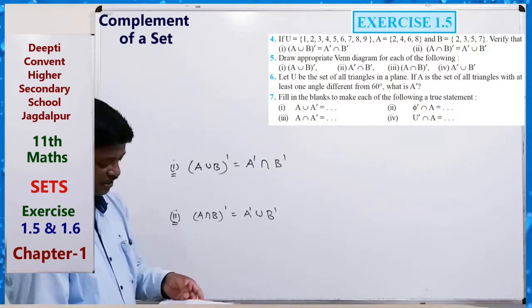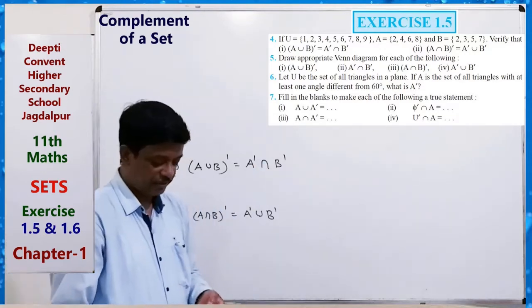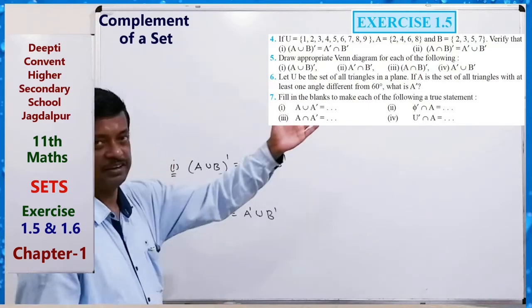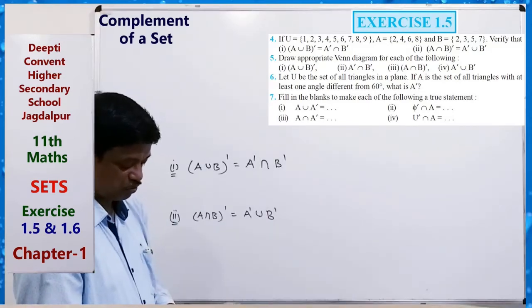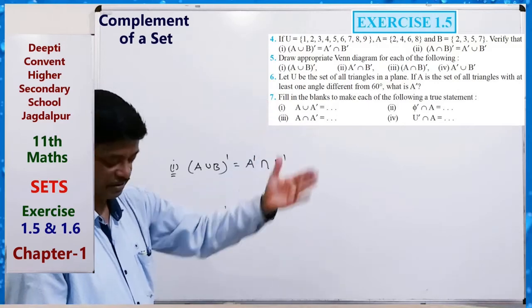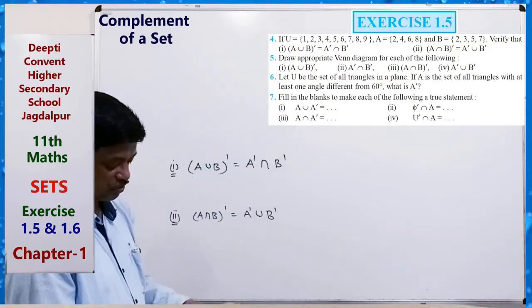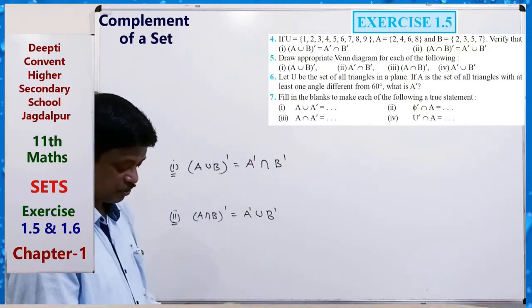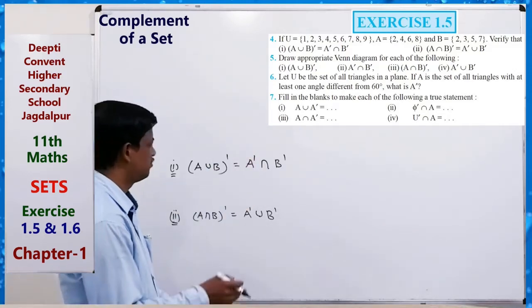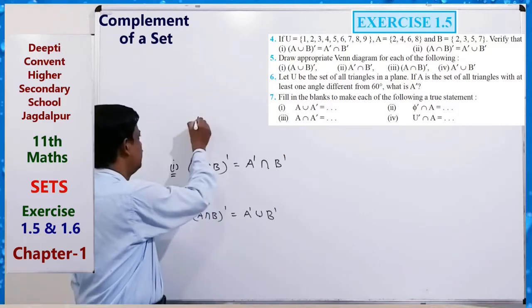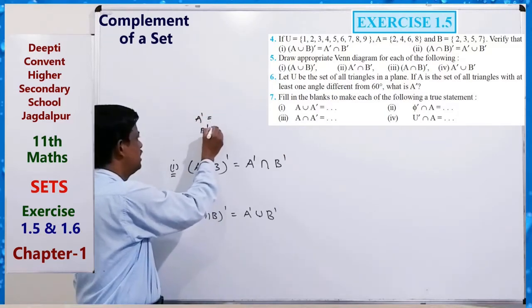So here in question 4, given U equals 1 to 9 and A equals 2, 4, 6, 8 and B equals 2, 3, 5, 7. So we can get separately A dash, B dash.